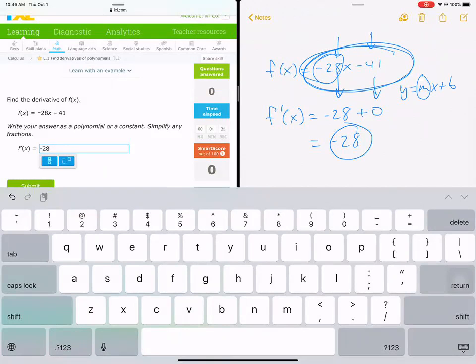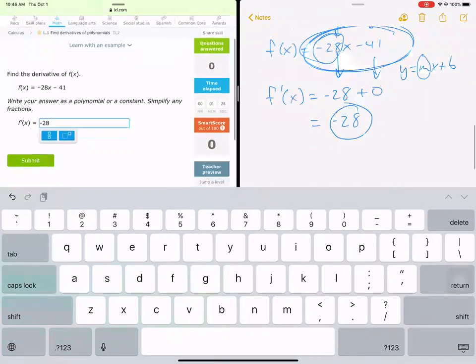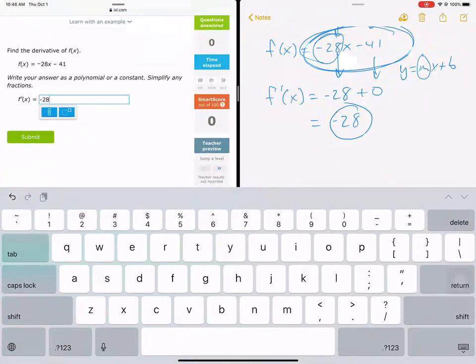So just as a follow-up, the derivative tells me the slope. It tells me the change at any given point. For a line, negative 41, the change is constant because it's the same change throughout the line.